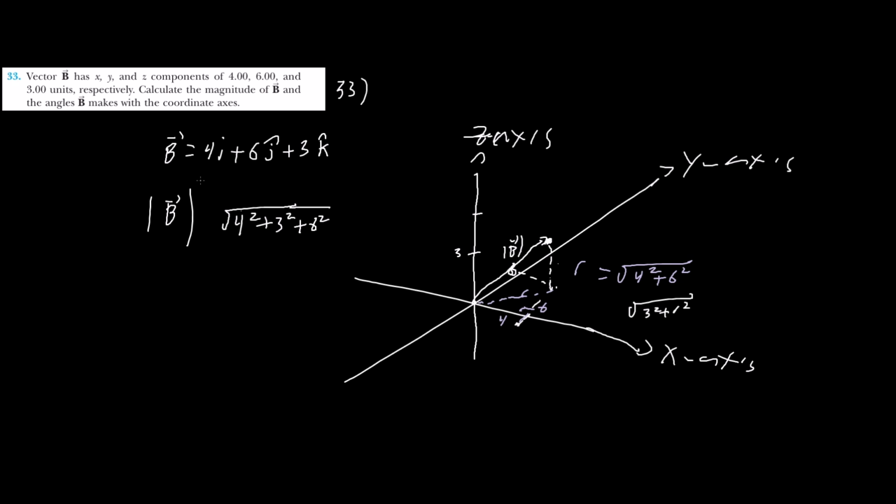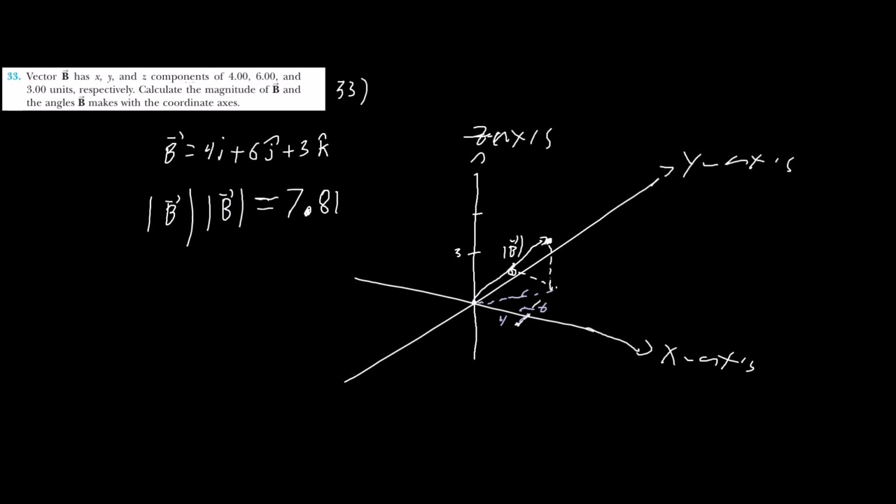So that magnitude, once you calculate that, the magnitude of B is going to be 7.81 units. So that's it, folks.